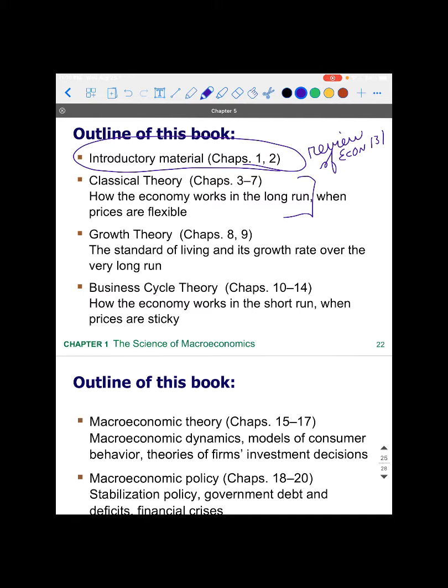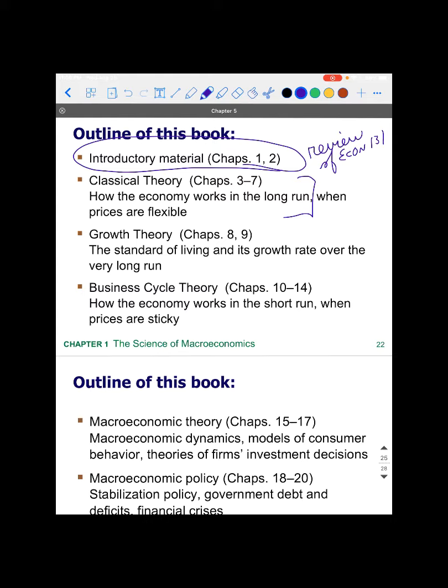Then we'll pick up with the second exam, continuing our discussion of classical theory, and then talking about growth theory.